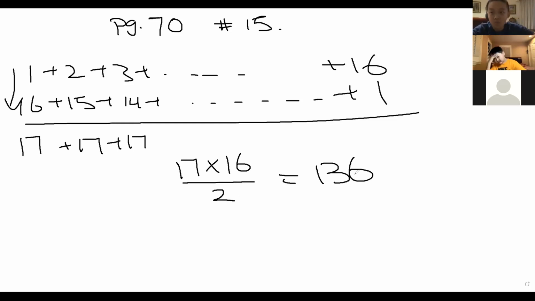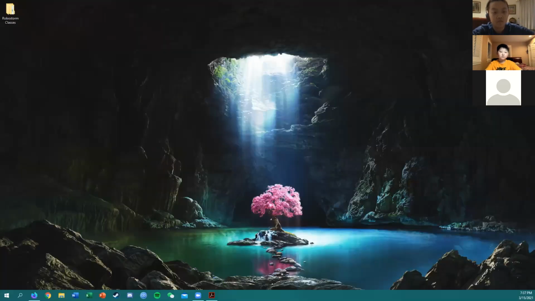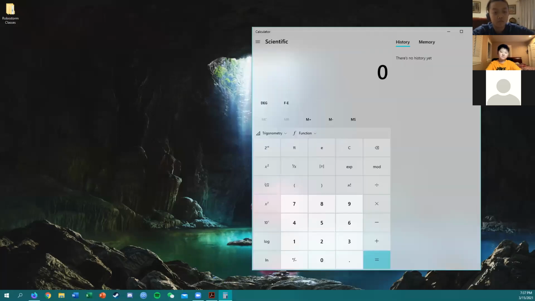Right. So since this is quite a bit of a shorter question, you could pretty much just plug in all the numbers in a calculator and double check, right? So for example, if I shared this and went to the calculator over here, I have 1 plus 2.